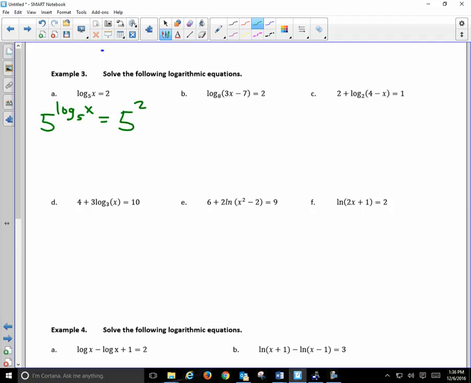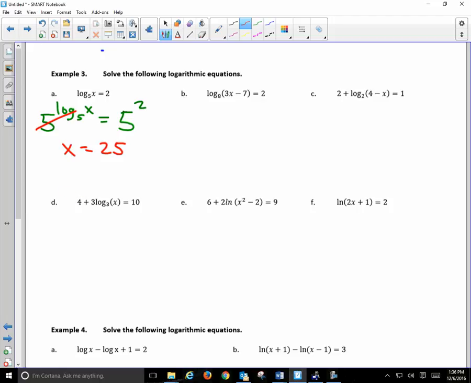So log base 5 of x becomes an exponent, and 2 becomes an exponent. What happens here? They go away. I'm left with, sweet. Now, I admit, I wouldn't solve the problem like that. I'd just look at it and say, well, it's 25. But a little bit different when you get to letter E. Okay? Keep that in mind.